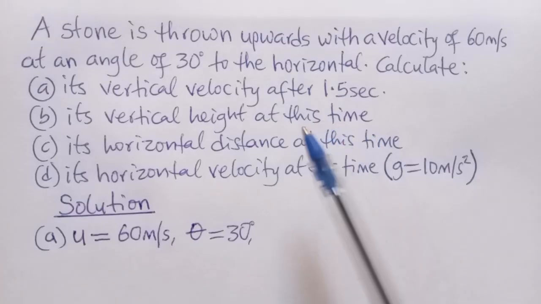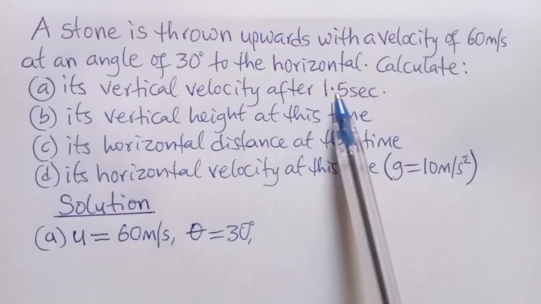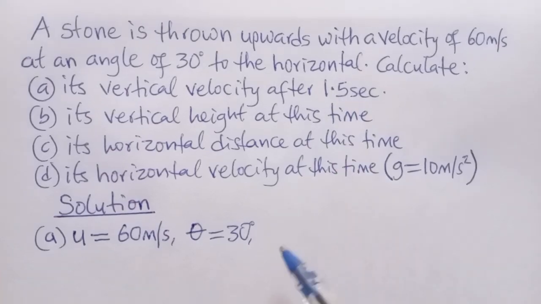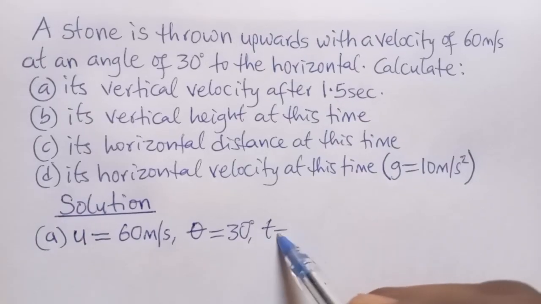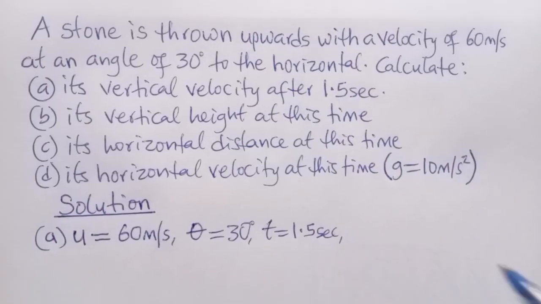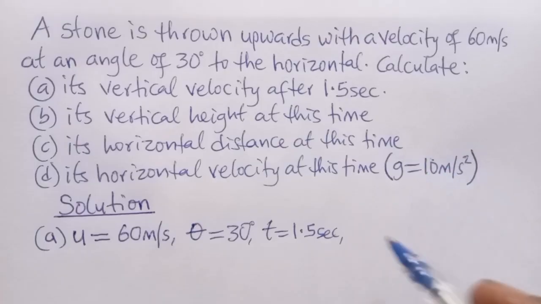And then the next thing we are given, from the first question, is the time, t, as 1.5 seconds. So I'm going to write that down as t is equal to 1.5 seconds. And then let's not forget the value of g as 10 meters per second square.